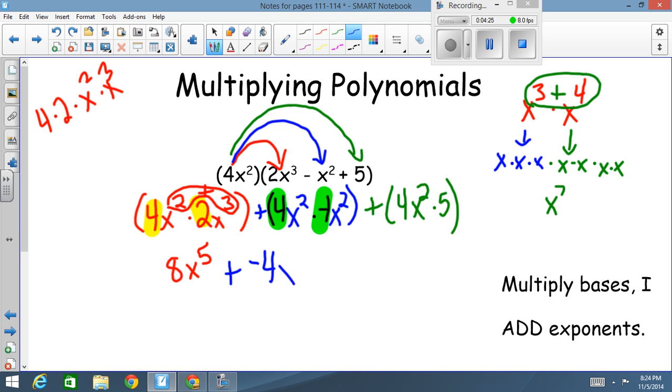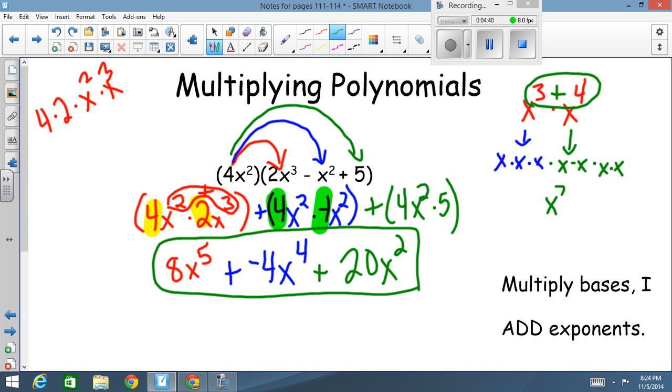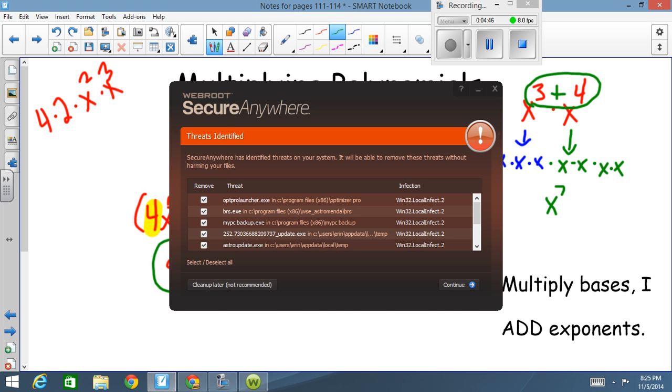And when you do x squared times x squared, well, 2 plus 2 is x to the fourth. And then lastly, you have 4 times 5, which is 20. x squared doesn't have anything it needs to pair up with, and I'm all set. Add exponents together when you're multiplying common bases.